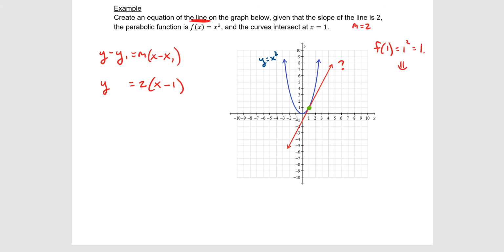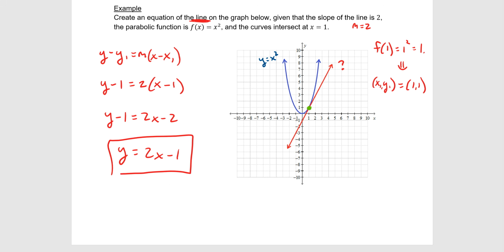So the x1, y1 point is 1, 1. That's going to be y minus 1 equals 2 times x minus 1. Let's go ahead and solve this one for y just so we can see what it looks like. Add 1 on both sides: 2x minus 1. So that is the equation of that red line, 2x minus 1.